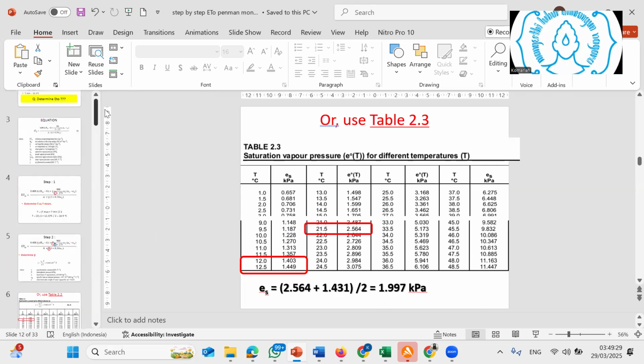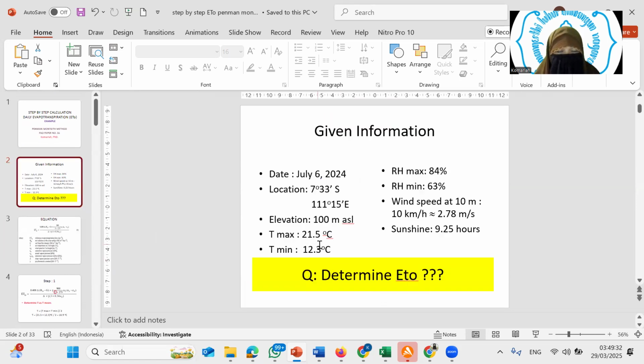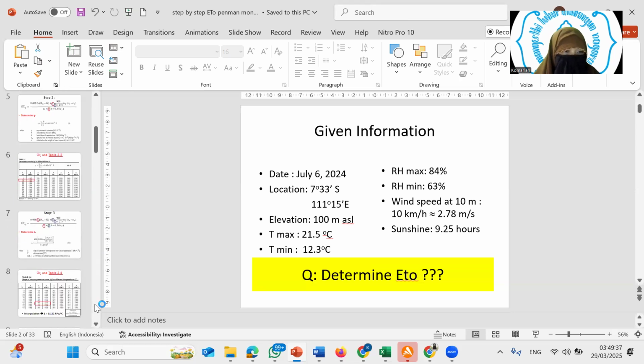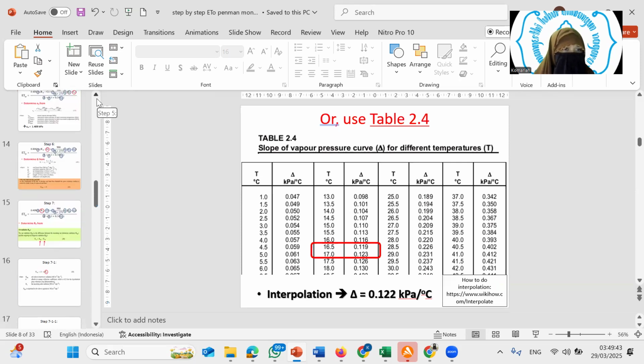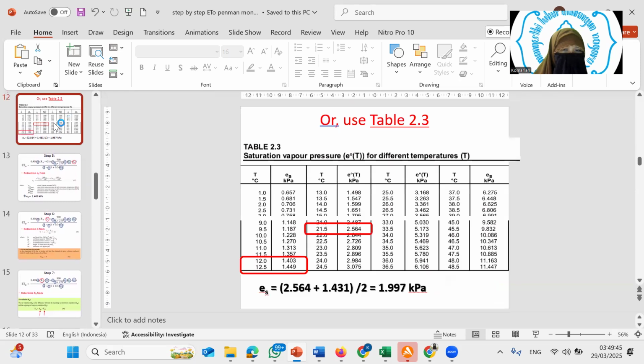We understand that the minimum temperature was 12.3, where the maximum is 21.5. So from the table, we can do interpolation here. After doing interpolation, we got that the ES of 12.3 is 1.4 and the maximum is 21.5.